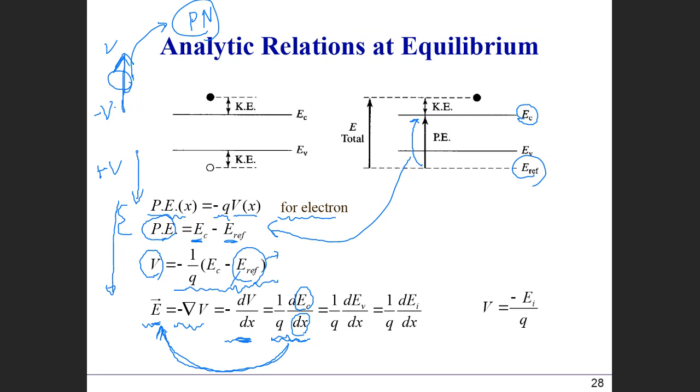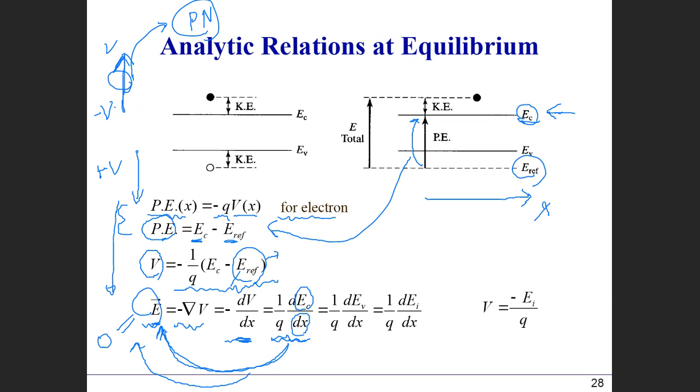For example, if you look at this kind of energy band diagram, and let's say this is the x direction. Through the x direction, EC is a constant for this particular example. Then, as you can see from this equation, the electric field is going to be 0.